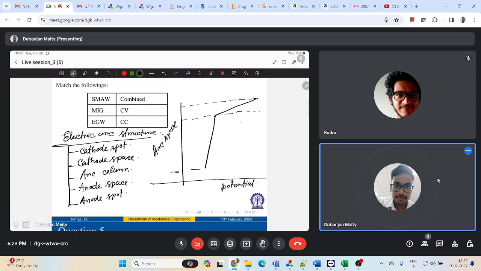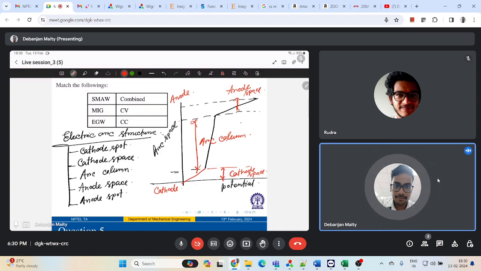So let's say I use another color. So over here I am having the cathode. I'm basically trying to talk about the voltage potential difference between this cathode and anode. How will it look? So over here you are having cathode space. Then this is my arc column, and over here this is my anode space.